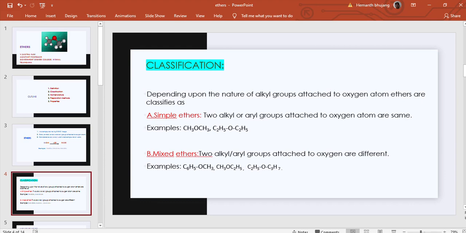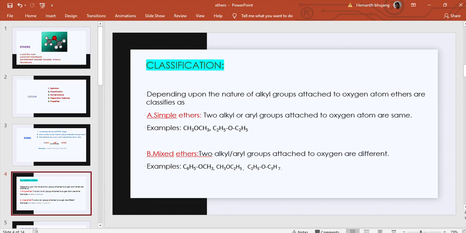Coming to mixed ethers, this is quite opposite to simple ethers. So what are mixed ethers? Mixed ethers are those ethers in which two different alkyl groups or aryl groups are attached to the oxygen. Very simple.